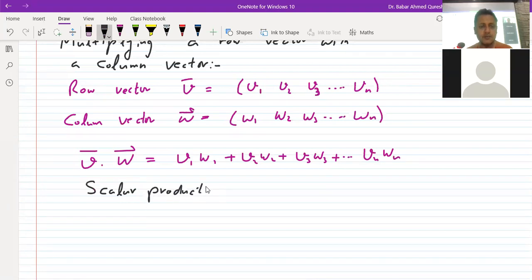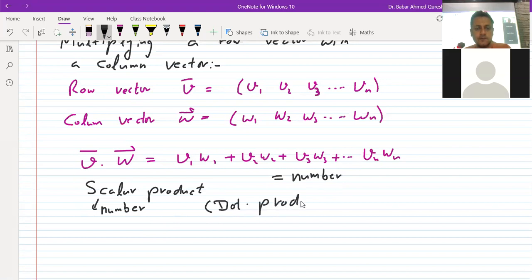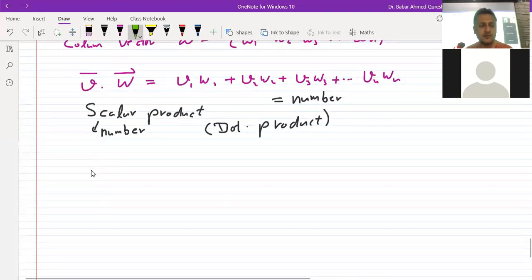Why a scalar product? Scalar means in this context that it is just a number. Because when you multiply these two, what are you getting? You are adding a bunch of numbers. So in the end, you are left with a single number. No list, nothing, just a single number. So it's called a scalar product or a dot product. You can define it for two pure vectors as well.